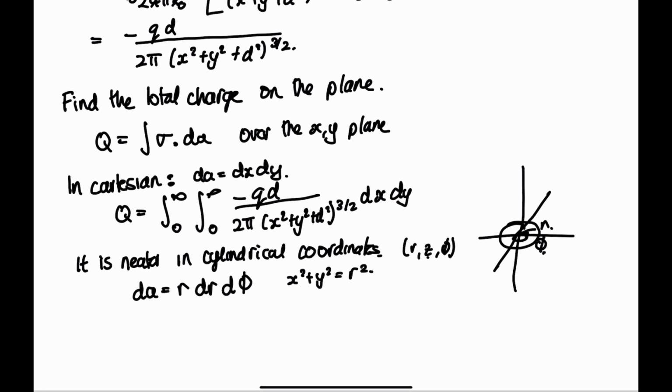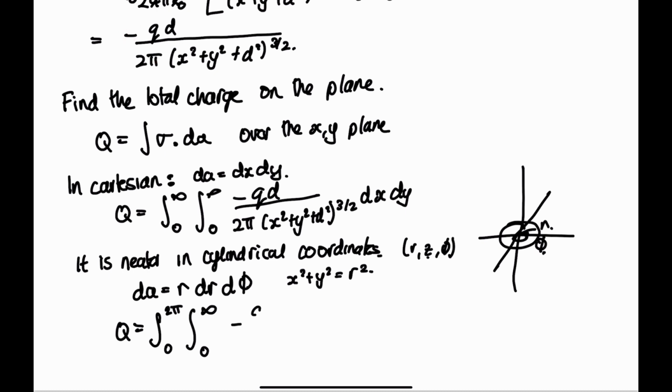And so we've got Q in this case is equal to the integral over phi. It's going all the way around the circle, so from 0 to 2 pi. R, we're going from 0 to infinity. And then we've got our surface charge density from up here.